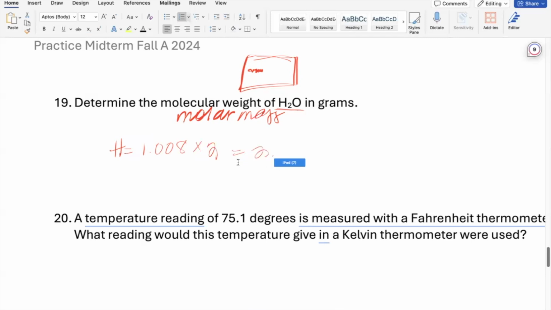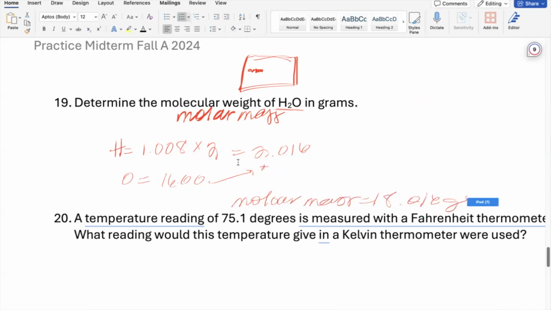So we'd have 2.016. And then we have oxygen, which depending on what periodic table you look at is, and we're going to just do 16 to make it nice and easy. So there's one of those. So I do 16 plus 2.016 for a total molar mass of water as 18.016 grams per mole. It's really messy.